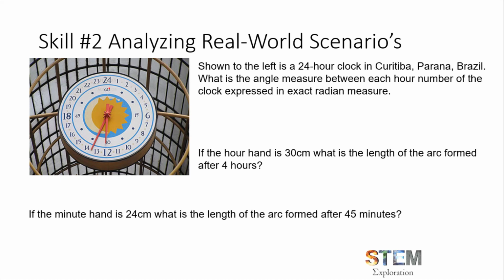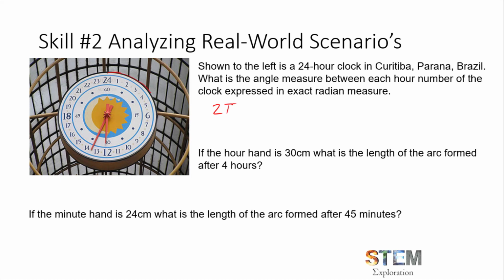If you want to look at something like this and understand the arc length, let's say from here to here, or maybe here to 4 hours, we can find that given value. But to really get started with this, we need to find the angle measure between each hour of the clock, and let's express it in exact radian measure. The easiest way to do this is to understand that the whole circumference of the clock is equal to 2 pi.